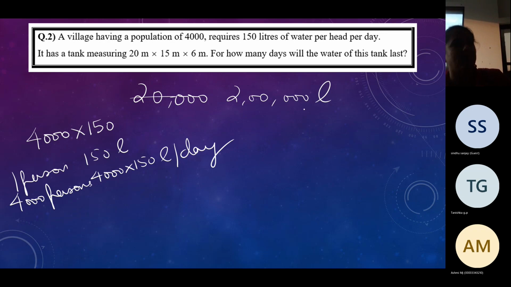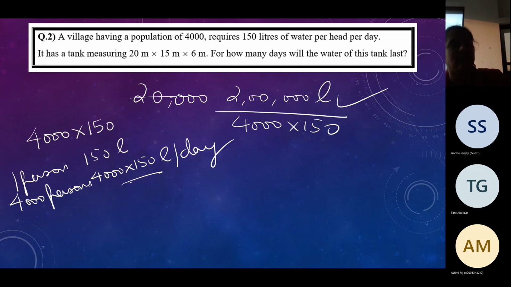And this is the total capacity of the tank. So how will you find the number of days? The total capacity of the tank divided by the water consumption per day will give you the number of days.